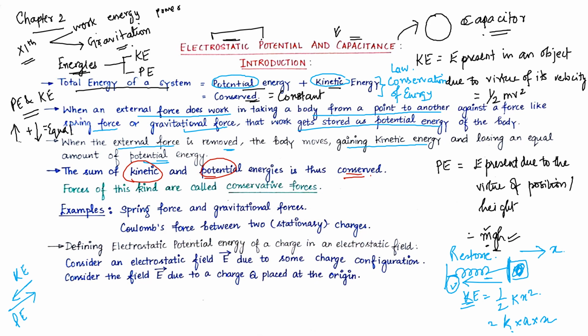So the amount of potential energy is converted into kinetic energy, and in the opposite case, vice versa: kinetic energy will be converted into potential energy. Forces of this kind are called conservative forces. The forces where our law of conservation works are called conservative forces.